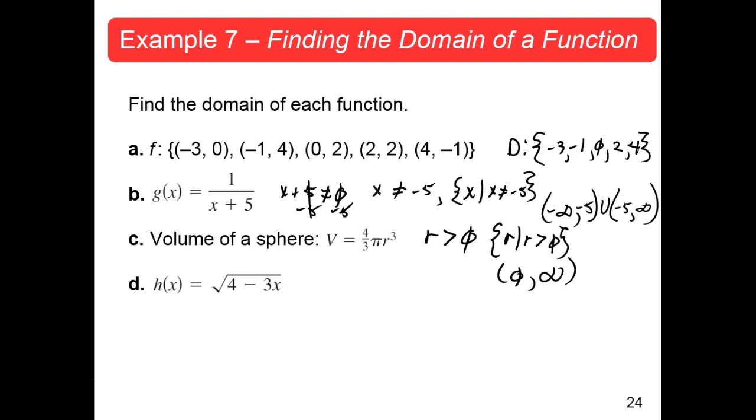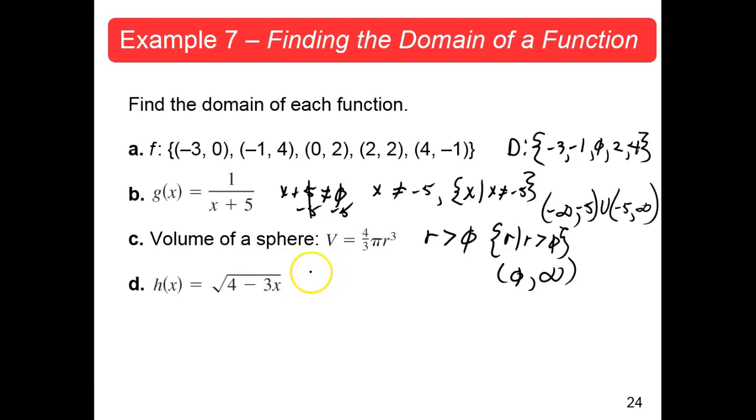The radical sign? Okay, and what can you say about it? What can go inside a radical? Only positive or equal to 0.